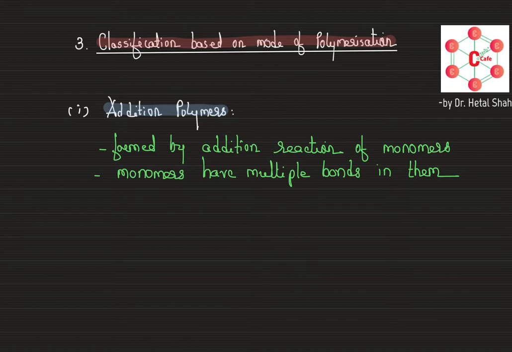And I'll give you some examples. The first example would be when you find that there are n molecules of ethene undergoing polymerization. You can see that in addition reaction, the pi bond breaks and two new sigma bonds are formed.